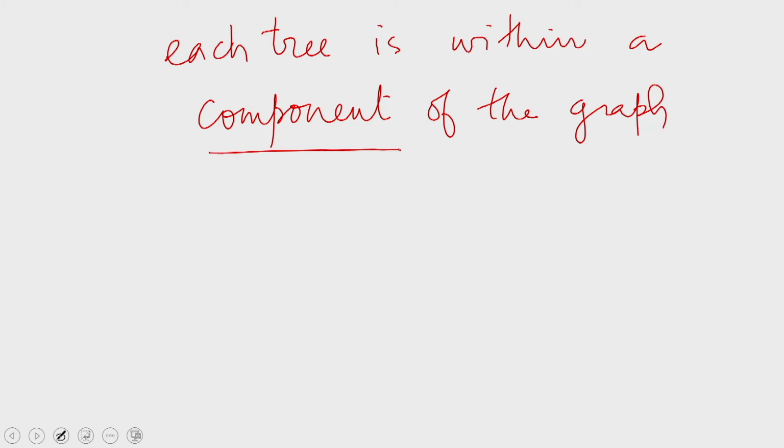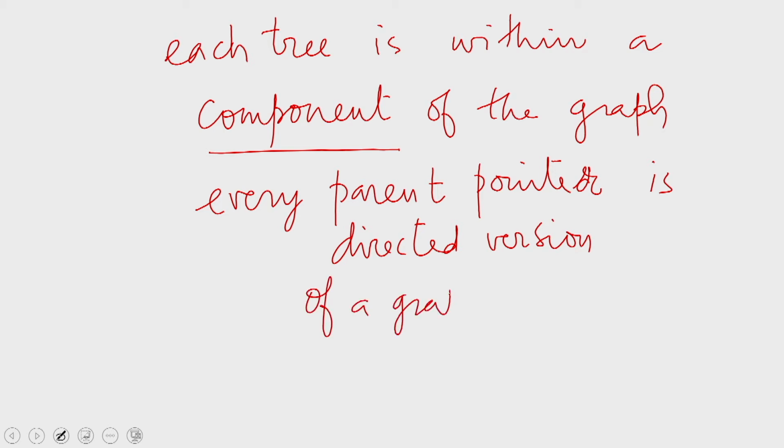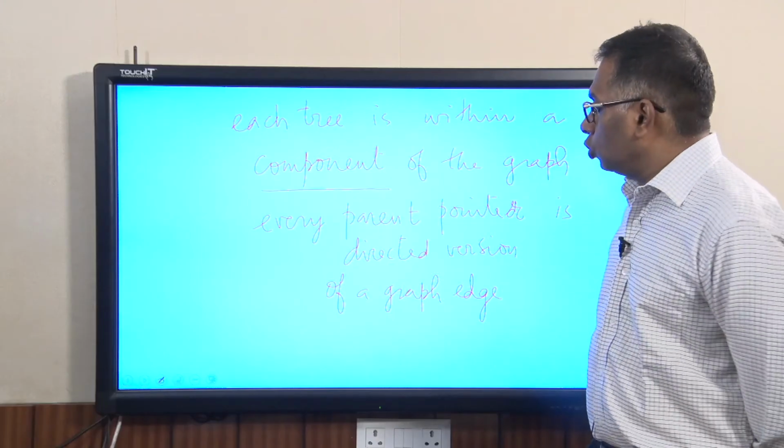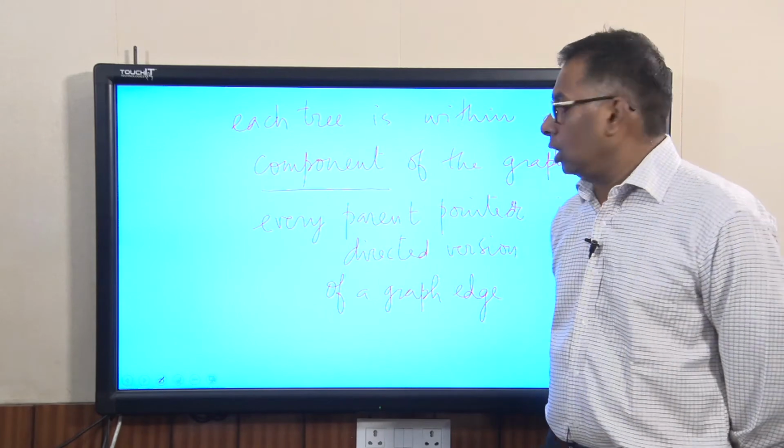That is because every parent pointer is a directed version of a graph edge. That is, we have defined parent pointers using the graph edges. Therefore, every tree that we form must be necessarily included within a component of the graph.